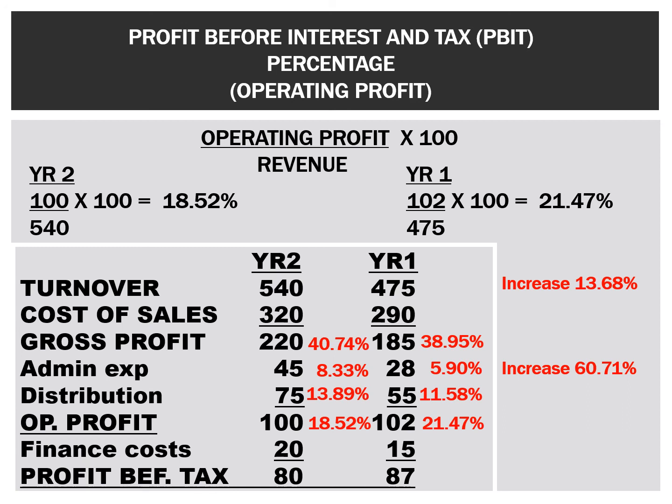Admin expenses have gone up by 60%, and distribution costs have gone up by just over 36%. So that's quite a dramatic increase in admin expenses, and that's something that would need to be investigated when we come to comment on the change in the ratios.